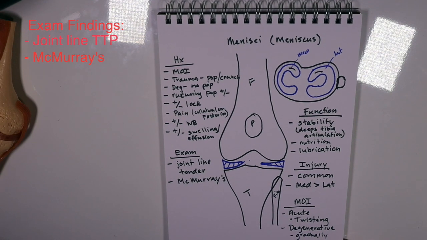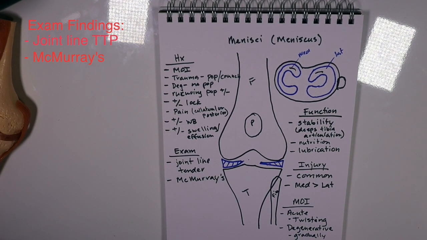If there was no pop, then it wasn't technically a positive test. But in actuality, in my experience, more times than not I do not feel a pop, but I've caused numerous patients to jump off the table because it hurt bad enough. So from an exam standpoint, the go-to suspicion creators are joint line tenderness and McMurray's, especially if there's a history suspicious of the meniscus tear.